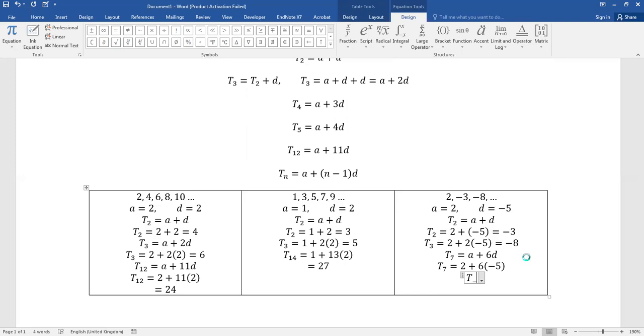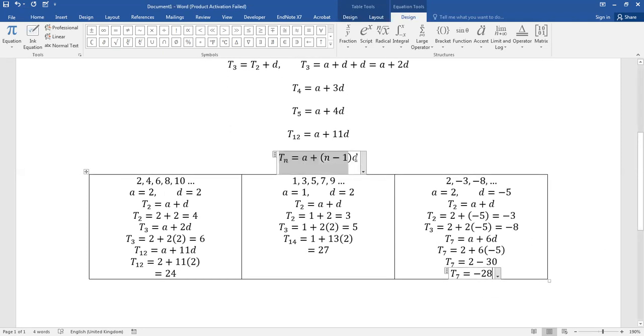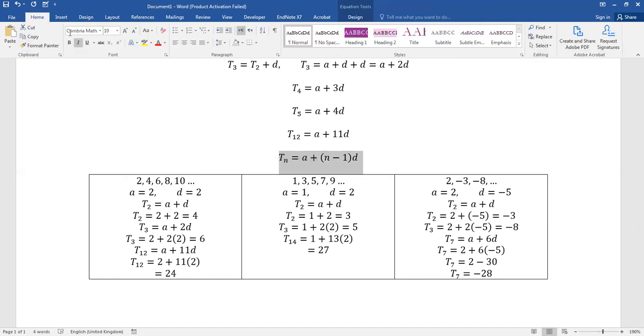So your 7th term of this sequence will be 2 plus 2 minus 30, and that will be minus 28. So this is how we can figure out any particular term for an arithmetic sequence.